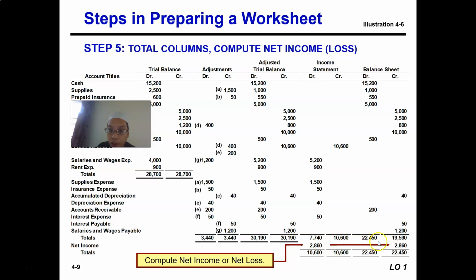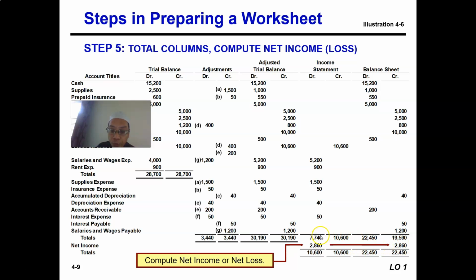If you look at the balance sheet, you will find the same difference between the debit and credit side, but the difference is the opposite. What I mean is that in the income statement, credit is more than the debit side by 2,860, but in the balance sheet it's the debit side that is more than the credit side by the same amount, 2,860.